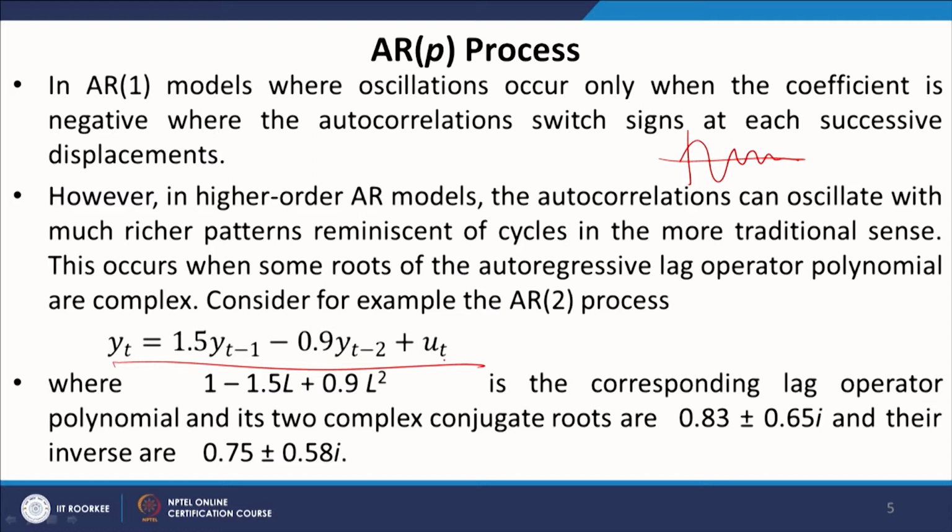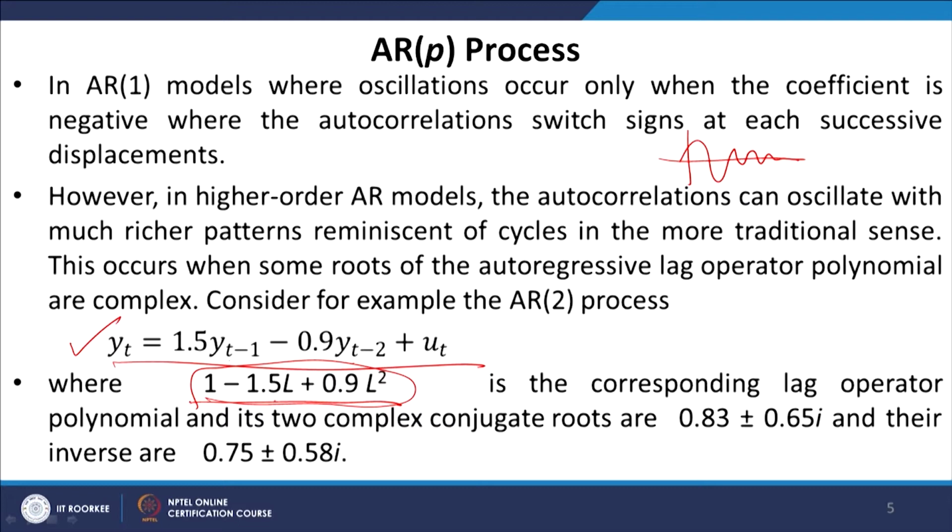Consider, for example, an AR(2) process: yt equals 1.5 yt minus 1 minus 0.9 yt minus 2 plus ut. Now, the interesting thing is the lag operator. I take yt minus 1 and yt minus 2 to the left-hand side, and by applying the lag operator, the polynomial in the lag operator is 1 minus 1.5 L plus 0.9 L square.